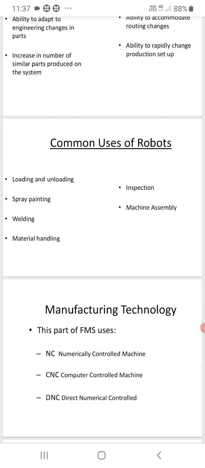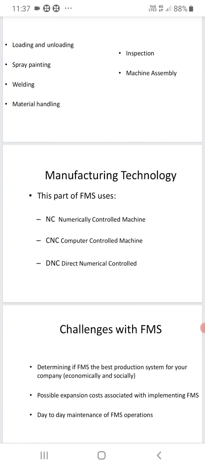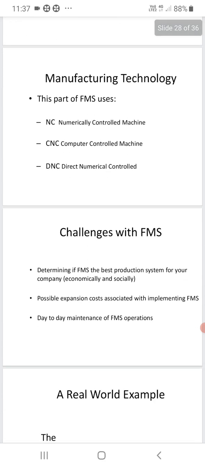In manufacturing technology, numerical control machines, computer numerical control machines, and direct numerical control machines are also there. And in the flexible manufacturing system, daily maintenance will be observed.